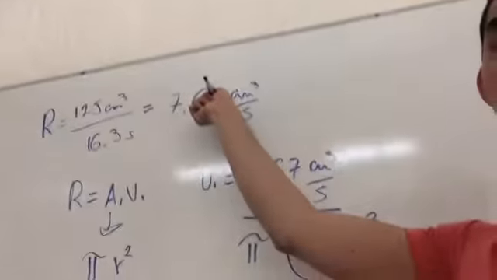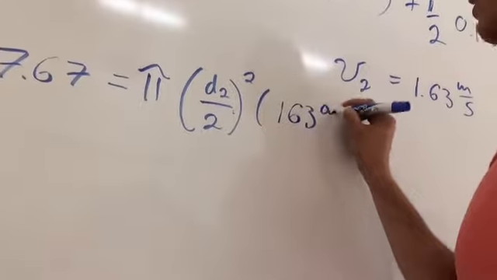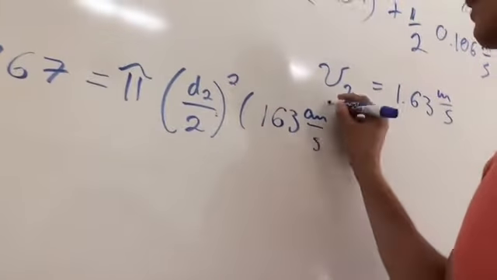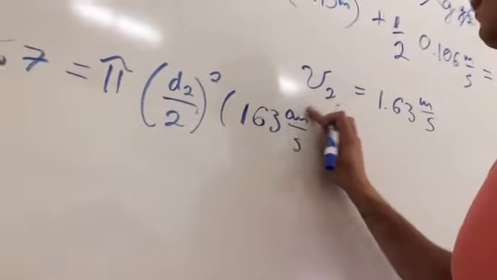But we are using the rate of flow in centimeters, so we have to change that into centimeters. So we have 163 centimeters per second, okay?